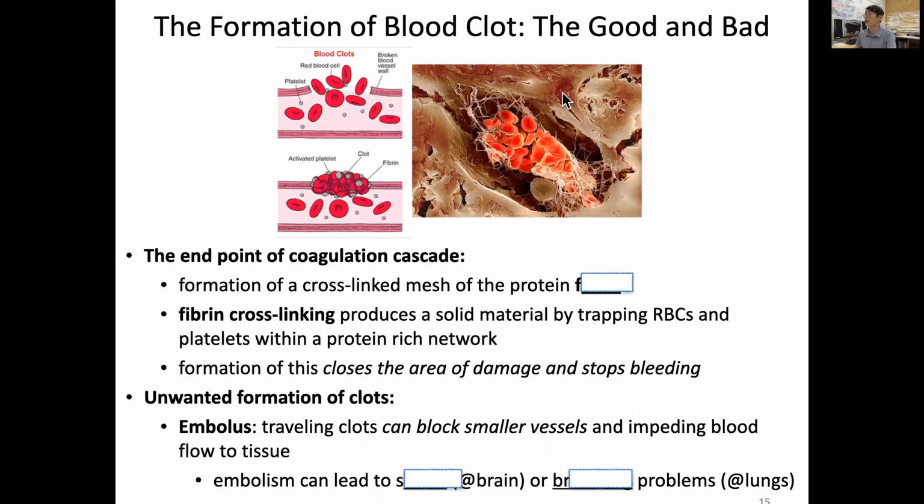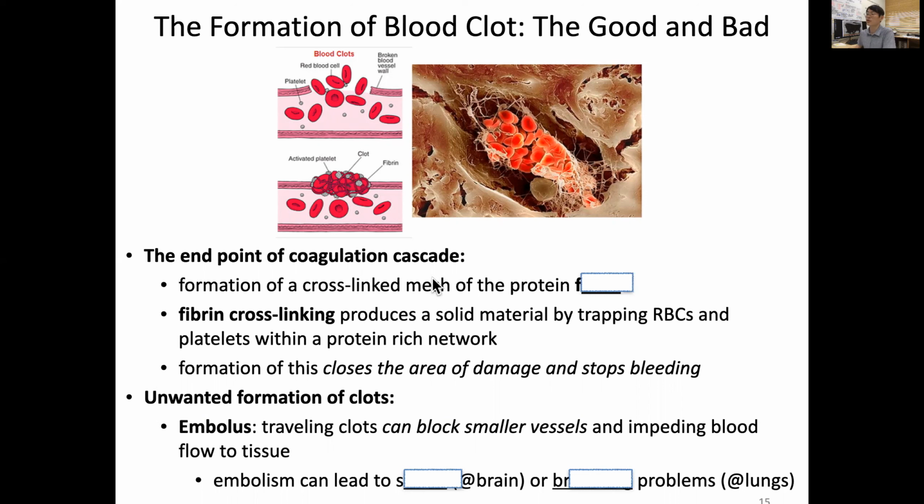Let's look at these blood clots. If there's damage to the vessel, then the tissue activates blood clotting. You see the platelets and RBCs leaking out of the broken blood vessel wall. In the end, this fibrin mesh will form to trap RBCs, and the platelets are activated and try to block it, and then later on it will heal the wound.